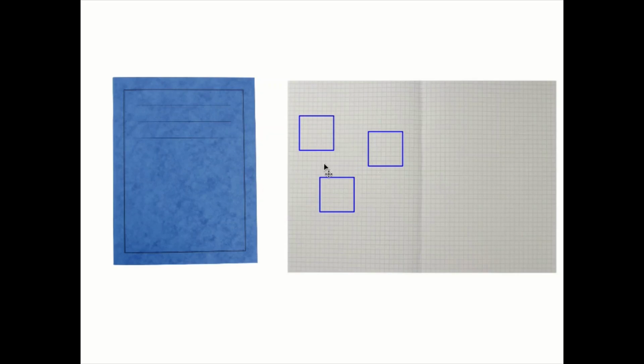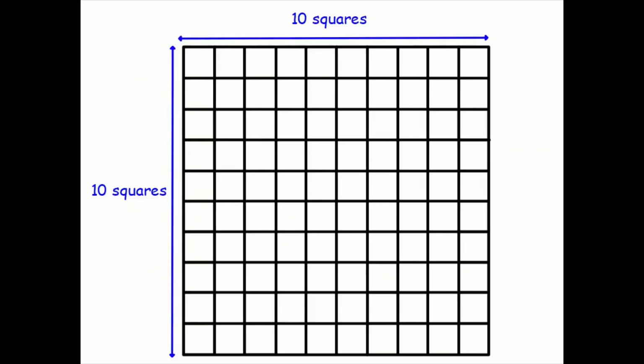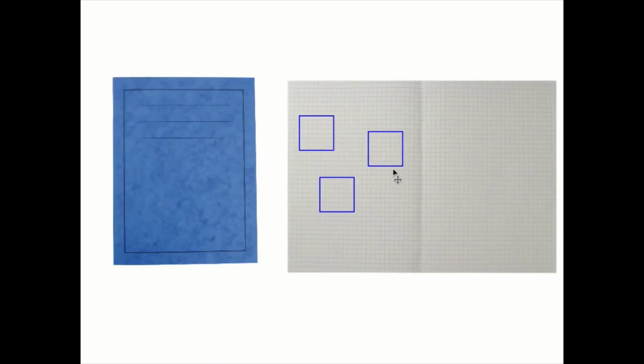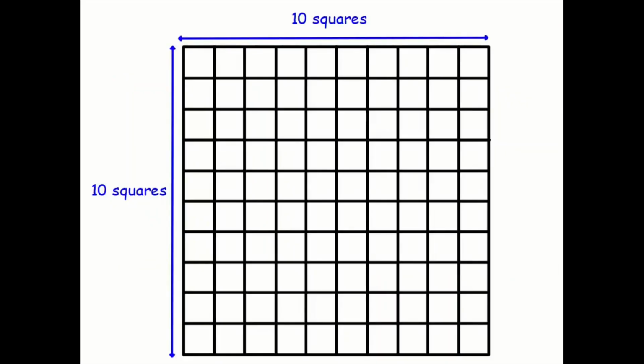But not just any old square, they've got to be 10 by 10 squares. So use the squares in your exercise book to draw a square 10 by 10 like this. And then, spending no more than about 10 minutes, you can do as many as you can in those 10 minutes.